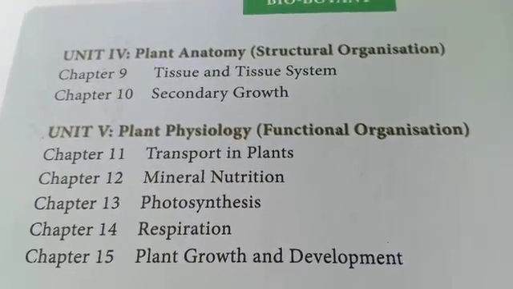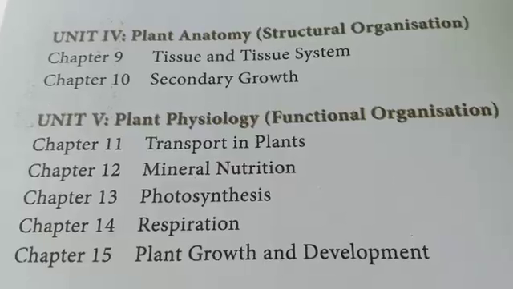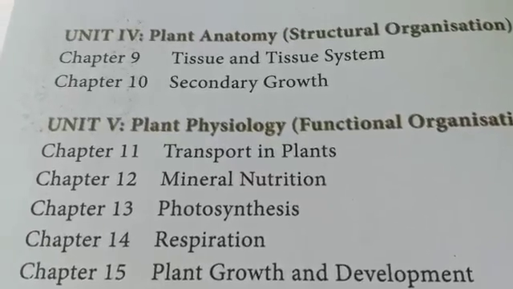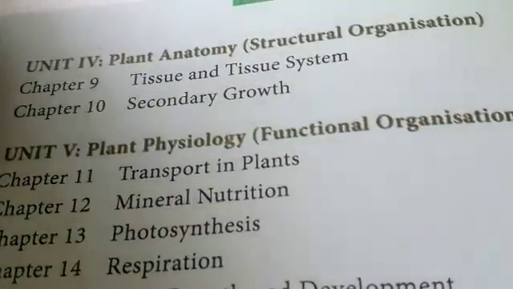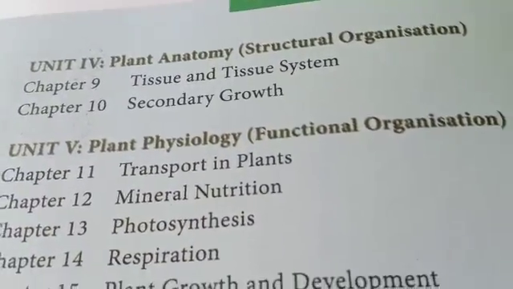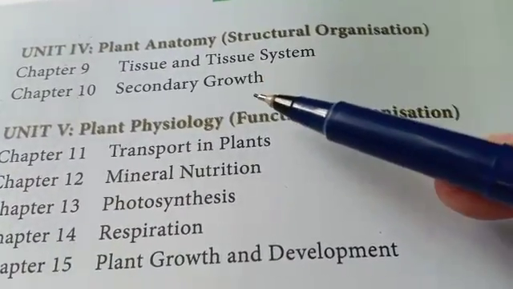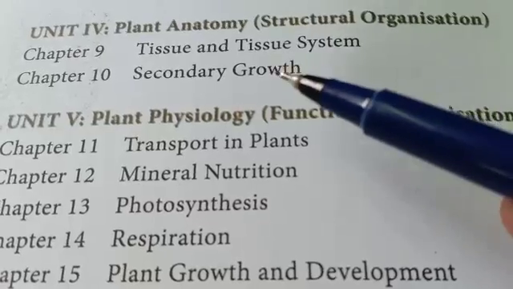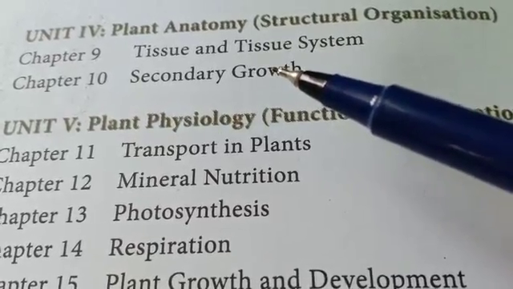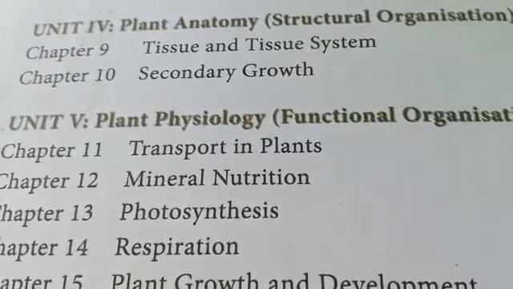In these 7 lessons we have completed chapter 9 and now we'll be moving on to our 10th lesson, that is chapter 10, secondary growth. In today's link we'll be looking into chapter 10, secondary growth.